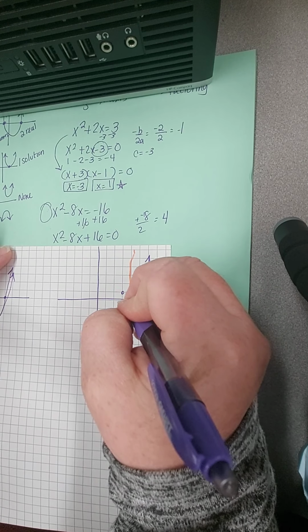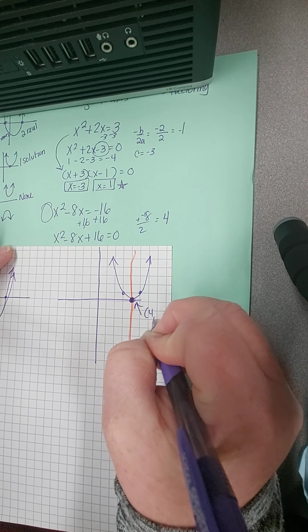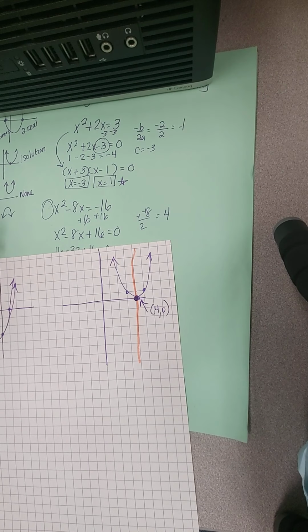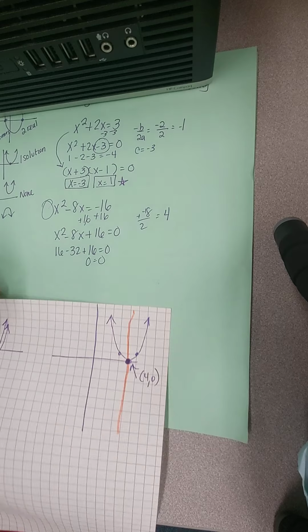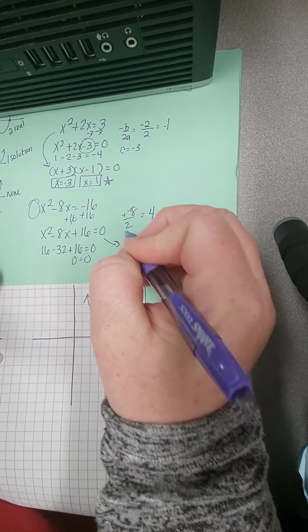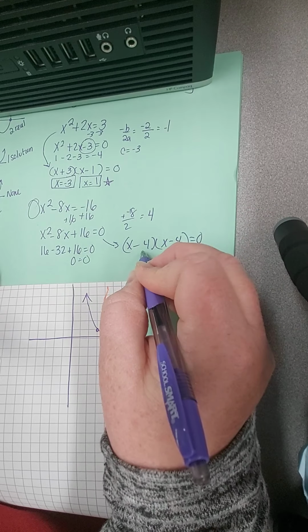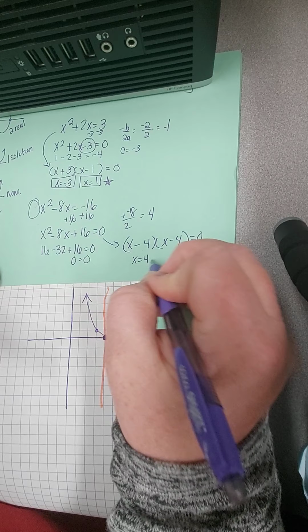So here, my solution is 4, 0. So graphing was fine. But do you see how you could have factored this just as easy? 4 and 4. But it's not really a negative 4, it's a positive 4.